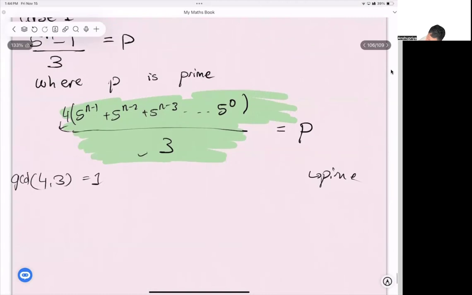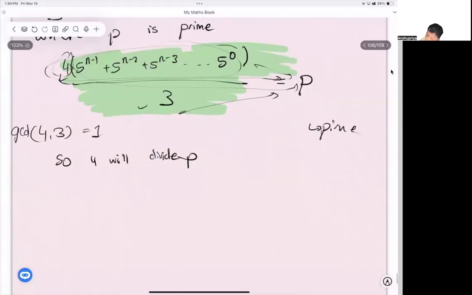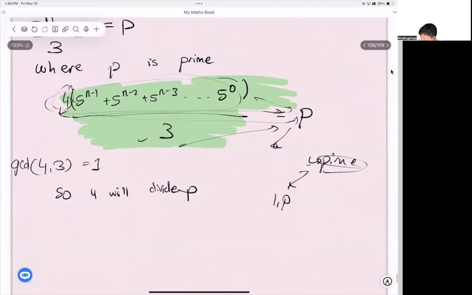So 4 will have to divide p, because the GCD is 1 and this divides p. But if 4 divides p and p is prime, a prime will only divide 1 and p. So, contradiction.